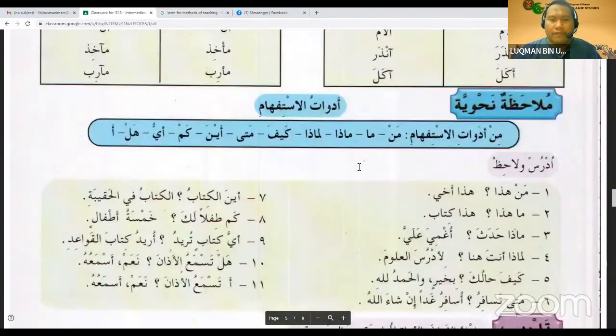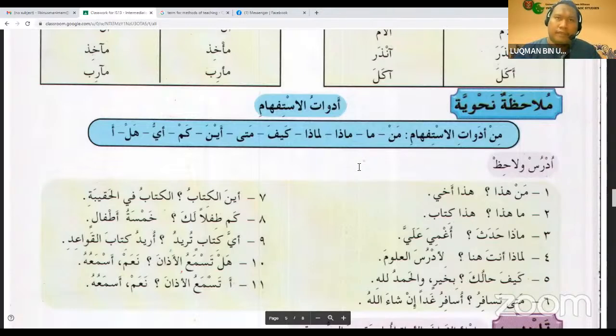Then we have also discussed the adawatul istifham, or interrogative pronouns, tools for questioning.